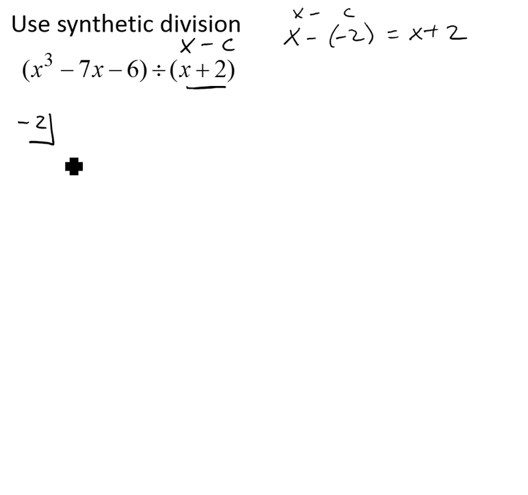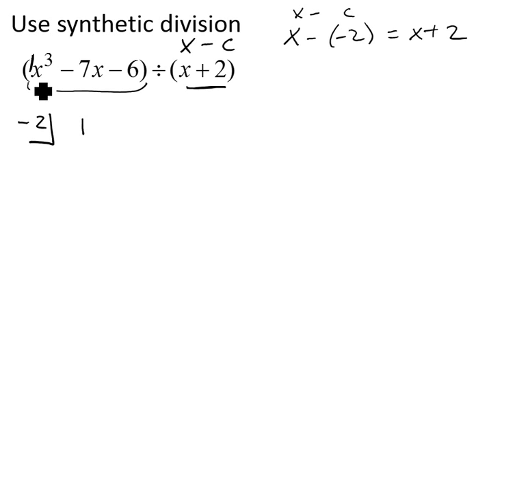Next to that box, we're going to write the coefficients of the polynomial in the dividend, starting with the coefficient of the term with the highest power. In this case, that's an x to the third, which has a coefficient of 1. So we start by writing a 1 there. Our next column needs to be the coefficient on the term with the power that's 1 less, which is x squared.